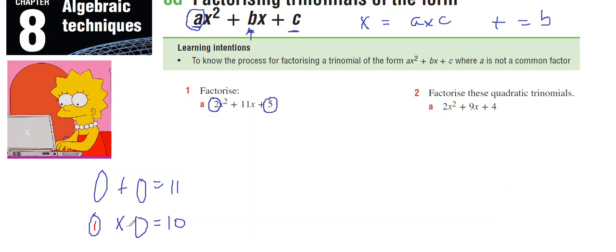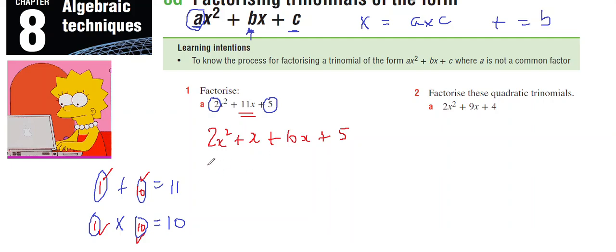And I'm thinking 1 and 10. So they're the two numbers that I'm thinking of. So that would be 2x squared plus x plus 10x plus 5. So we're using my x and my 10 to break 11x into x plus 10x.